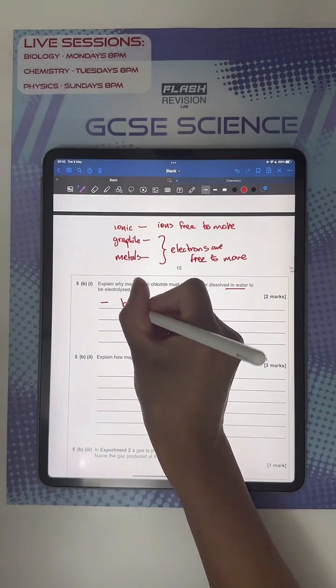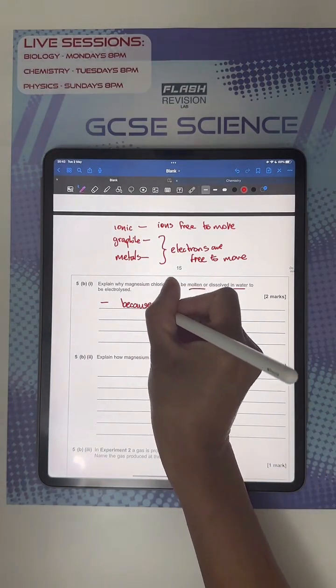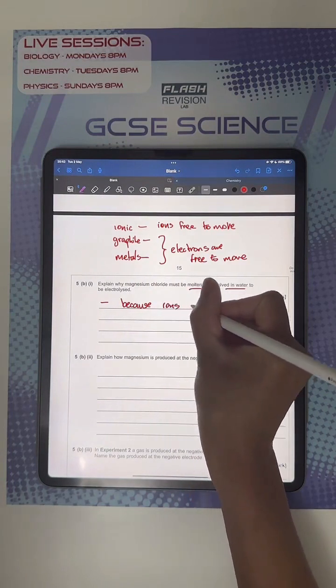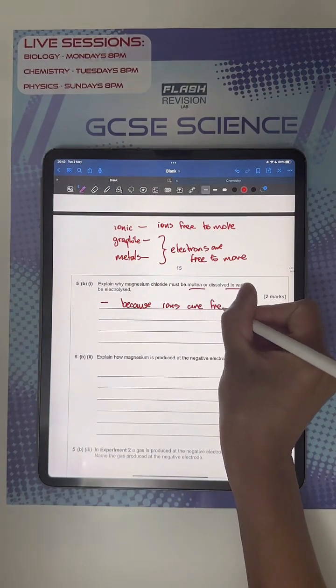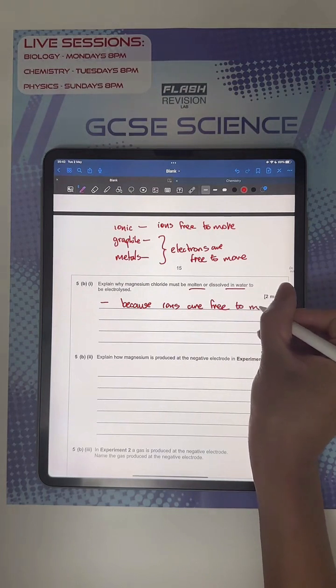So you say because ions are free to move, that's 1 mark. This is a 2-mark question.